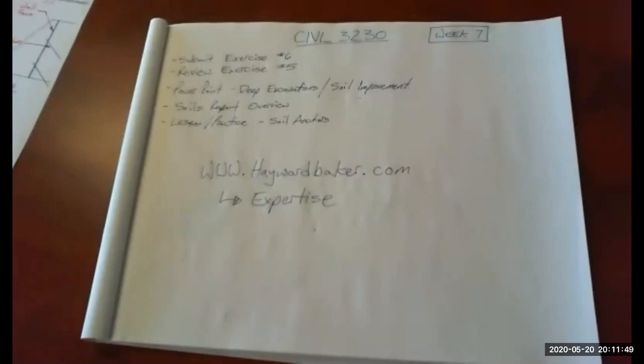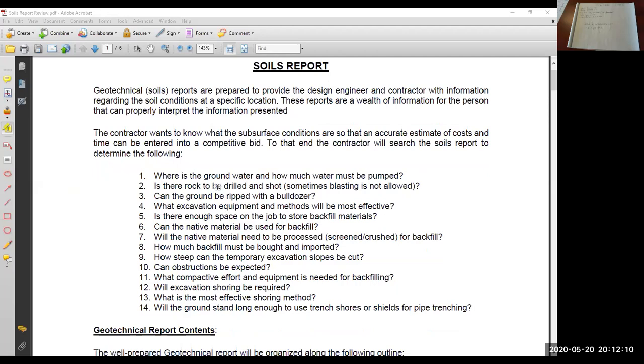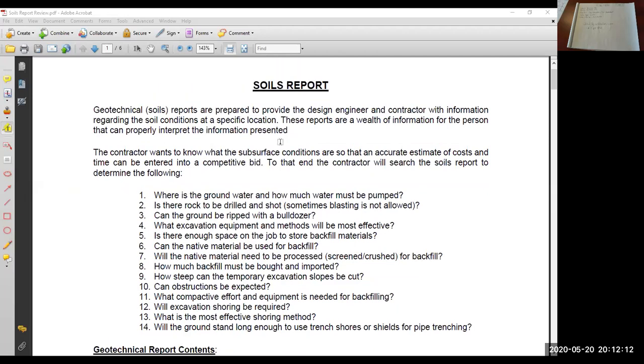One of the handouts that I provided for this week's class was the soils report handout, which looks like this. Again, we're not going to read through every sentence on here. I will highlight some important things. I would hope that you would go through and read this entire thing.